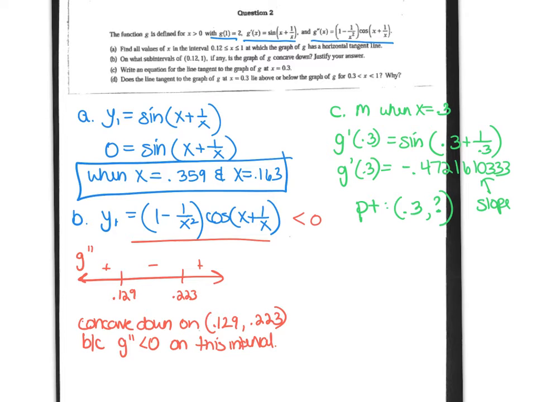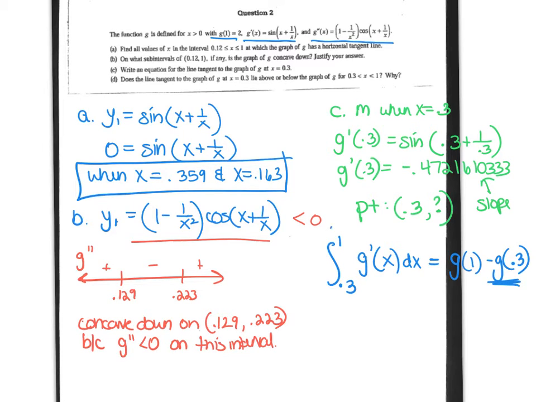So we know that the integral from 0.3 to 1 of g prime equals g of 1 minus g of 0.3, okay? And we're going to use this to solve for g of 0.3 right here.